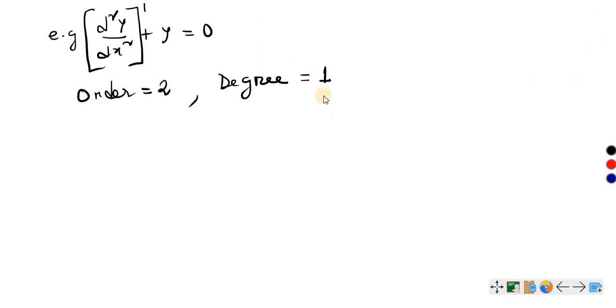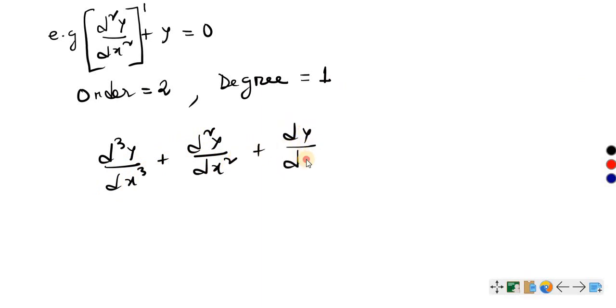So this is a very simple example. Let us see another example. Say I have written this differential equation. So in this differential equation, at first you tell what is the order?